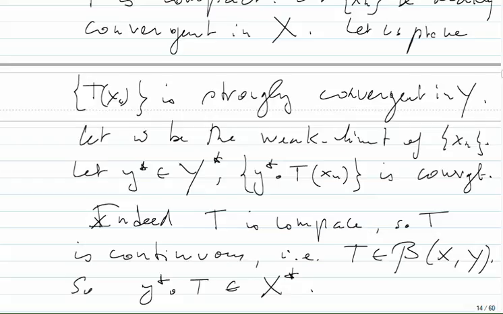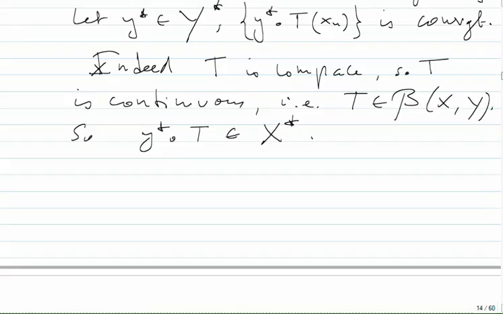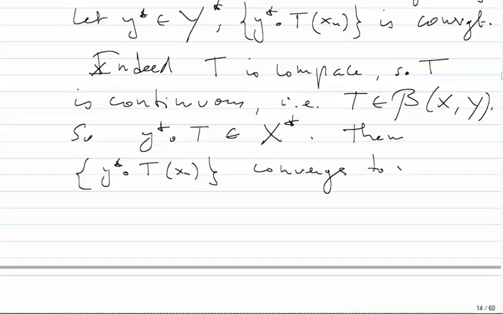It takes us from X to Y by T, and then from Y to R. So this is really a linear function from X to R, and because it's a composition of two continuous linear operators, it is continuous. So we have a continuous linear function on X, therefore it belongs to the dual. And since the sequence x_n is weakly convergent to omega, y* composed with T of x_n converges in R to y* composed with T of omega.